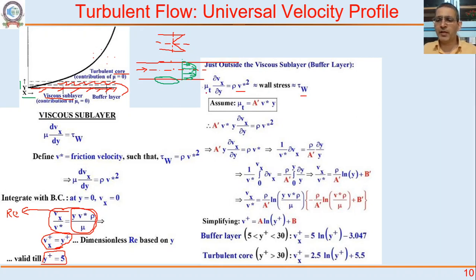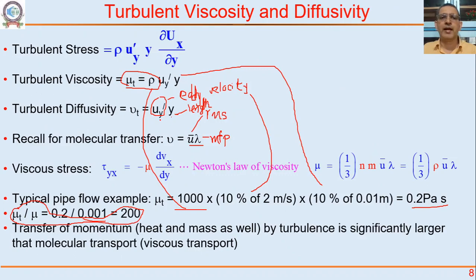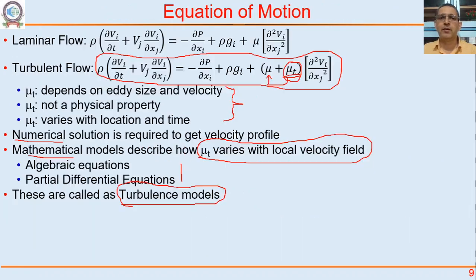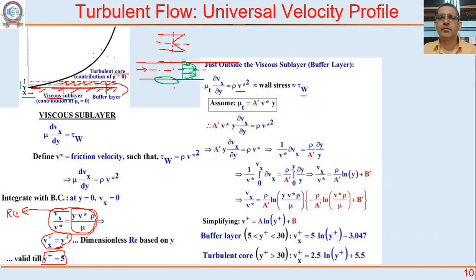And mu t we can assume as rho, a velocity scale and a length scale. Rho should be there, or you can say that a constant a prime takes care of the density, right?